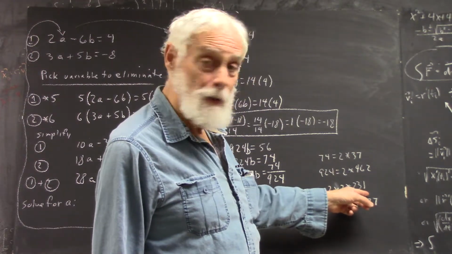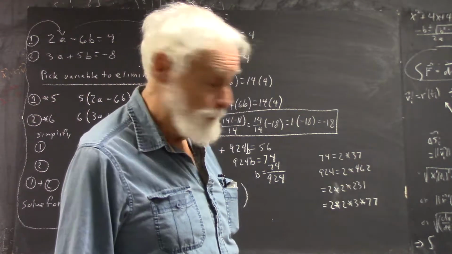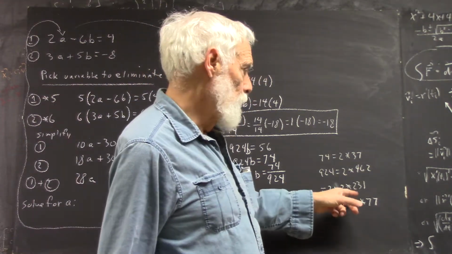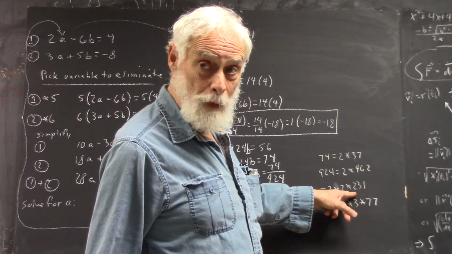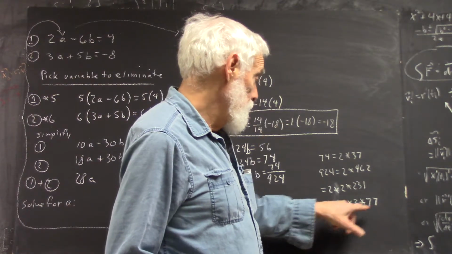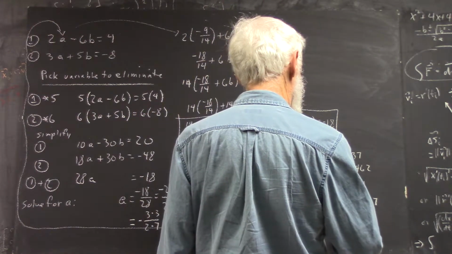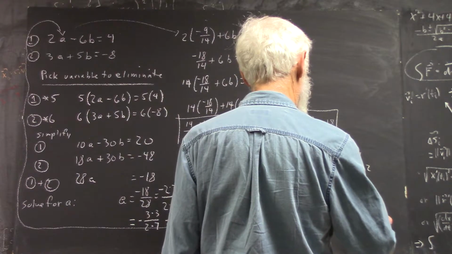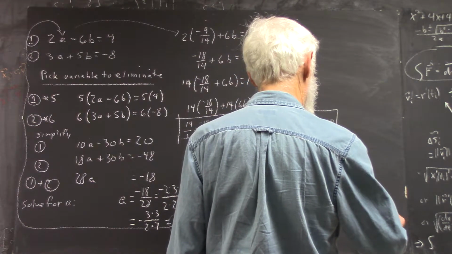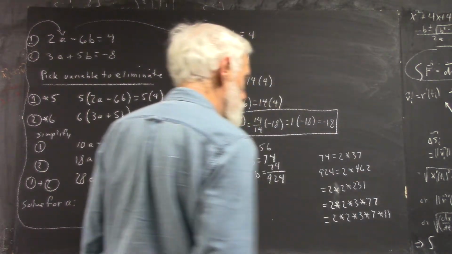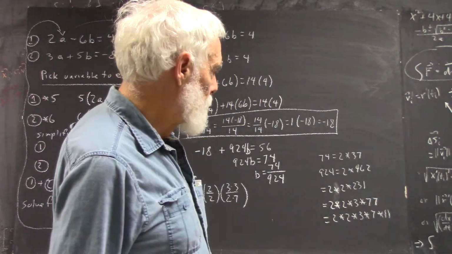These 3 digits add up to 6, you can divide that by 3, so it's divisible by 3. You don't have to know that, you can just try 3. Okay? So you got 3 times 77, which is 7 times 11. Now all these numbers are prime.